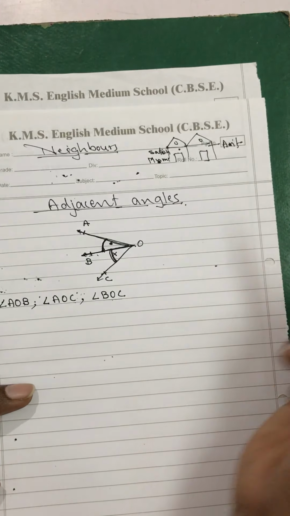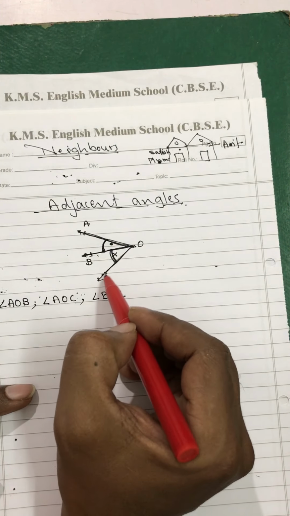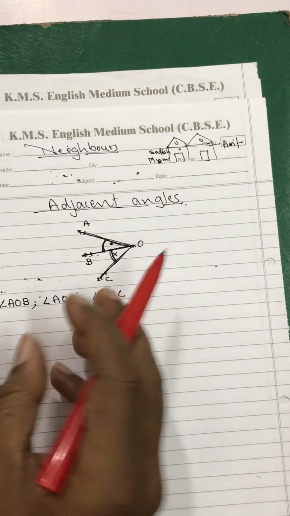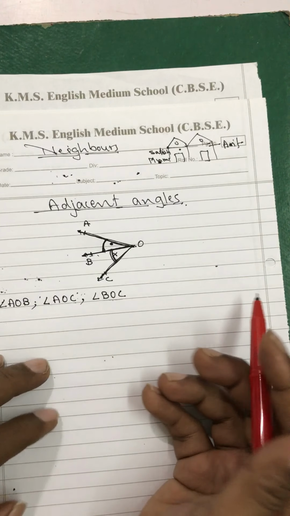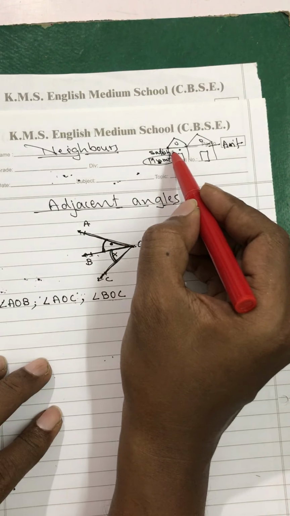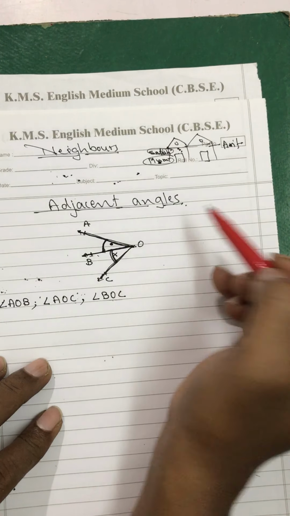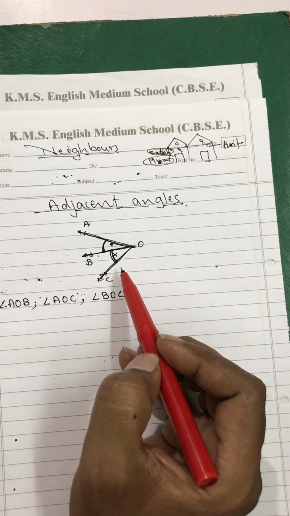Are you getting? So in this case also, if you consider angle AOC and angle BOC, angle BOC is inside angle AOC. Similarly, Munna is inside this house, Satish is inside this house. So angle BOC is inside angle AOC.